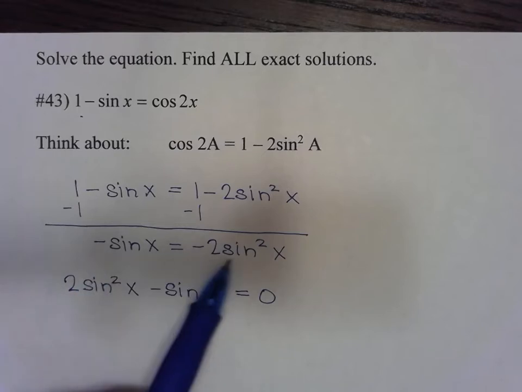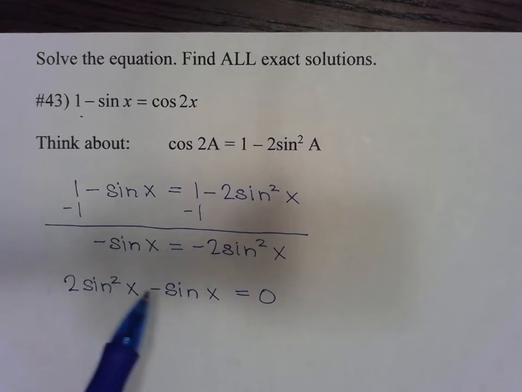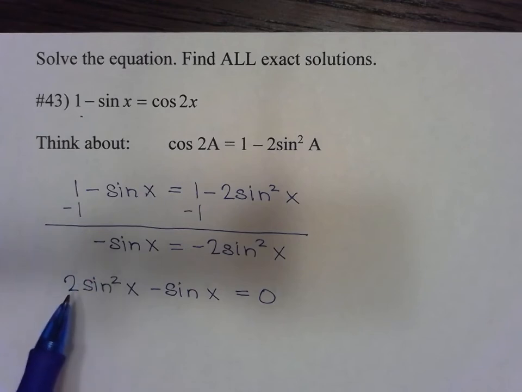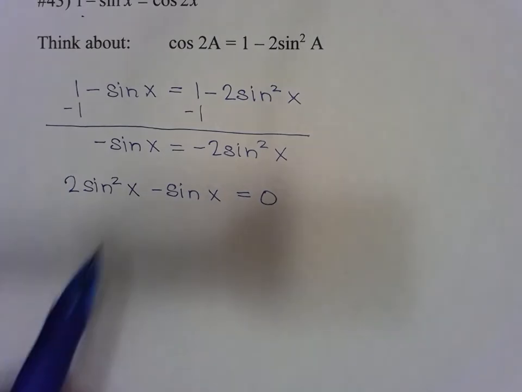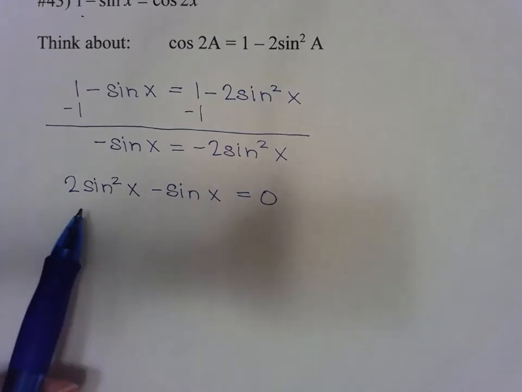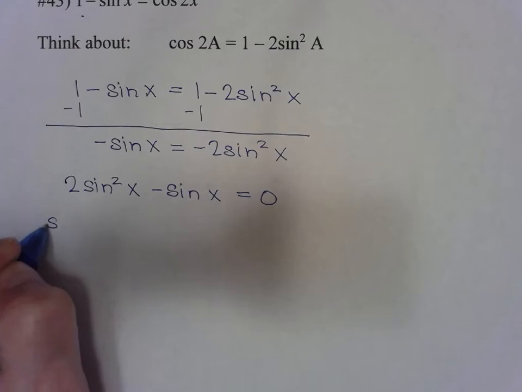Okay, so for those reasons, we really do better if we get everything on one side and then try to factor. So let's do that. These both have a sine in common, so instead of dividing, we're going to factor it out.